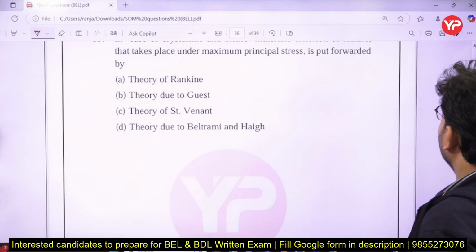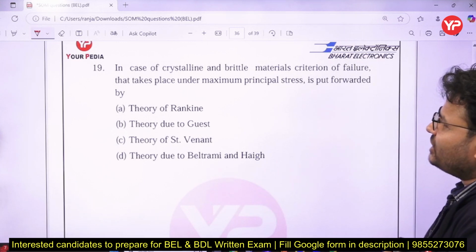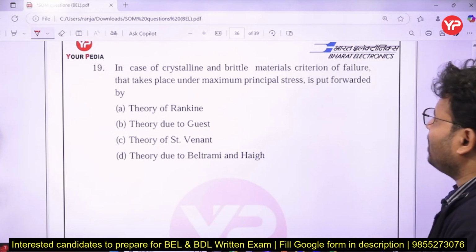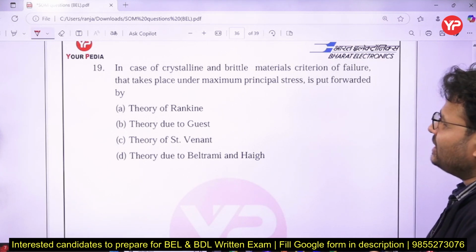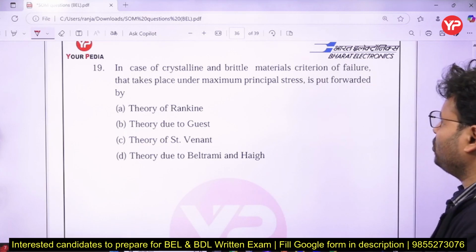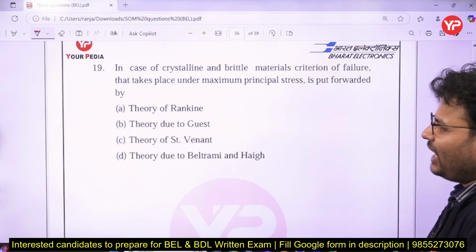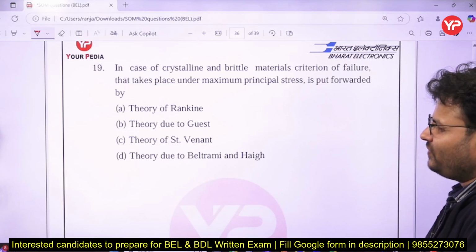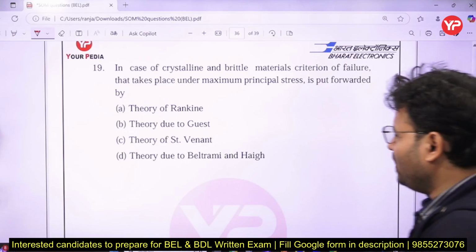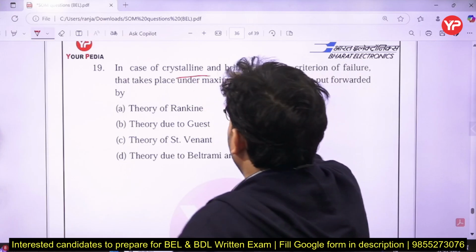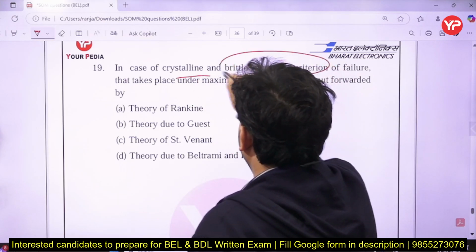Next question. In case of crystalline and brittle material, the criterion of failure that takes place under maximum principal stress is put forward by Rankine theory, theory of Haigh, theory of Saint-Venant, and theory of Beltrami and Haigh. In case of crystalline and brittle, which type of material is there, my dear friends?